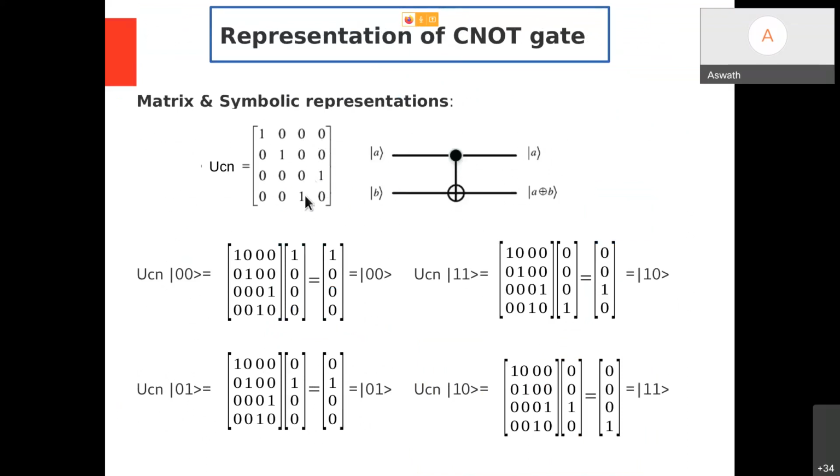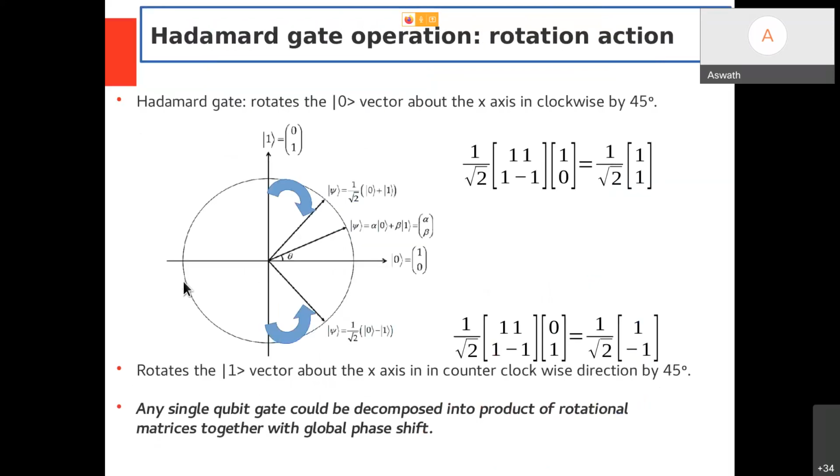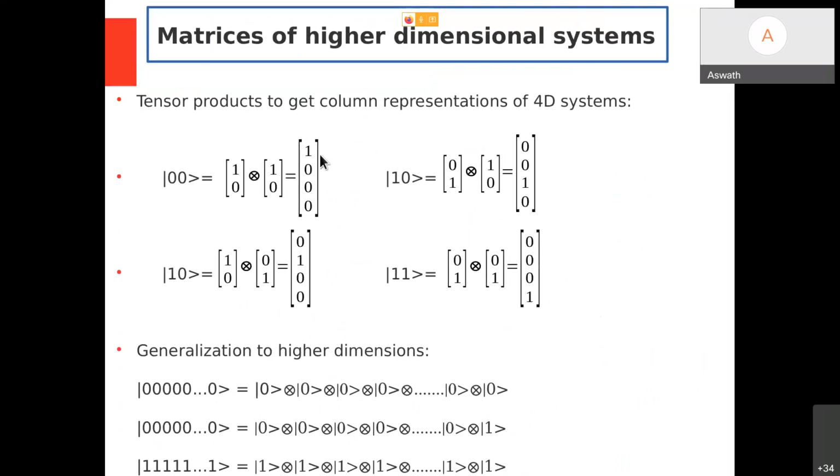You see, right? So if you have this kind of matrix acting on the 0, 0 ket, we just saw the corresponding column representation for higher dimensional quantum states. 0, 0 corresponds to 1 followed by zeros, and 1, 1 is all zeros, the last one is 1.